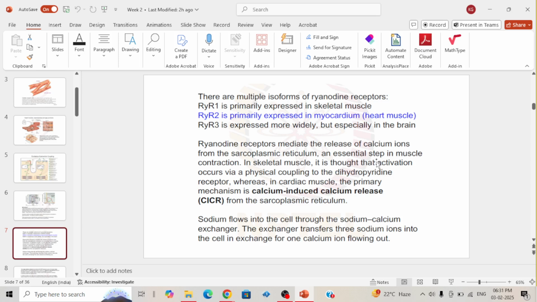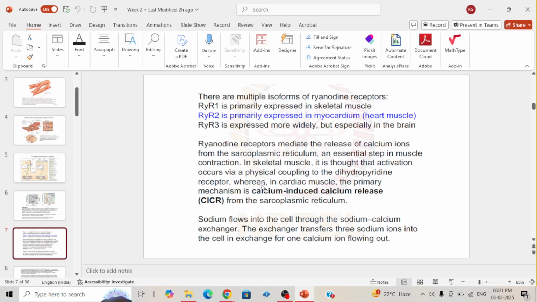In skeletal muscle, it is thought that activation occurs by a physical coupling, as they are mechanically attached to DHPRs. But in case of cardiac muscle, it happens by the calcium ions that are entering from outside to inside of the cell. So in cardiac muscle, the primary mechanism is calcium induced calcium release.